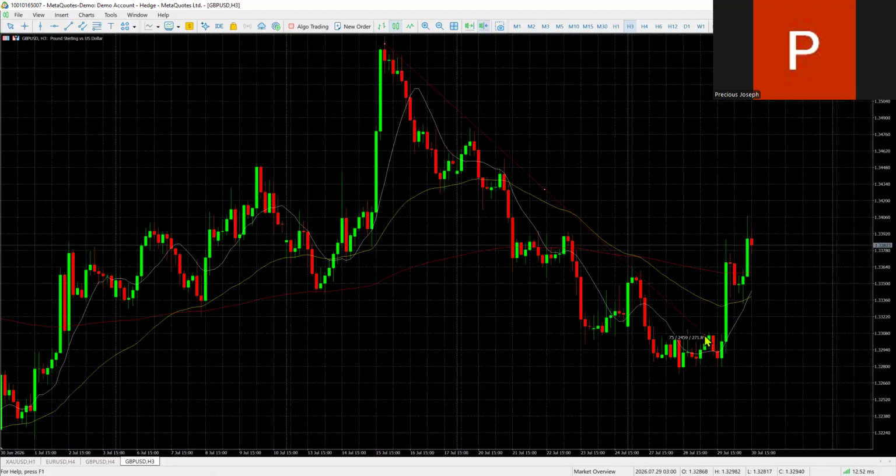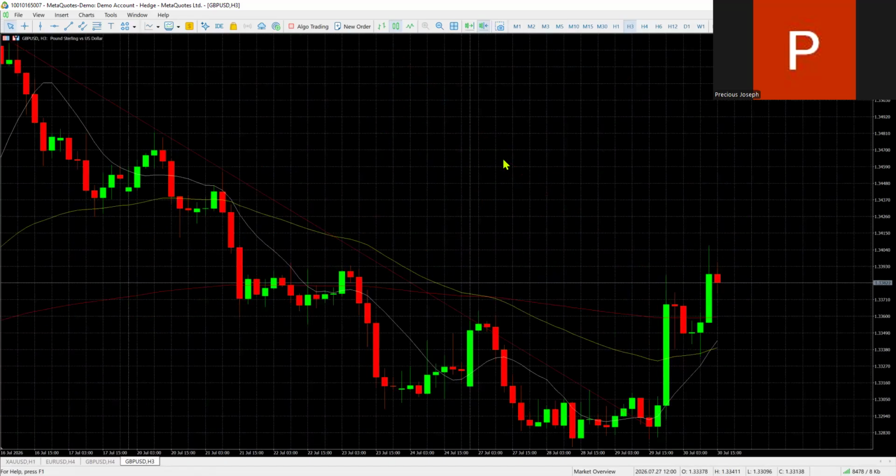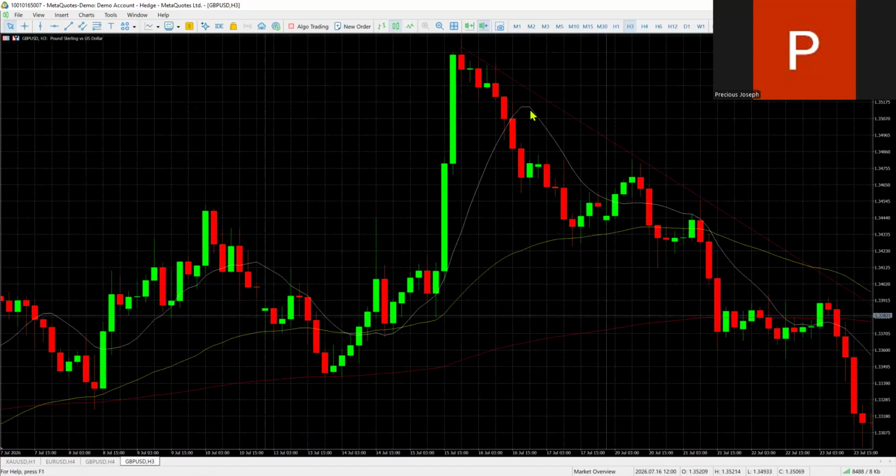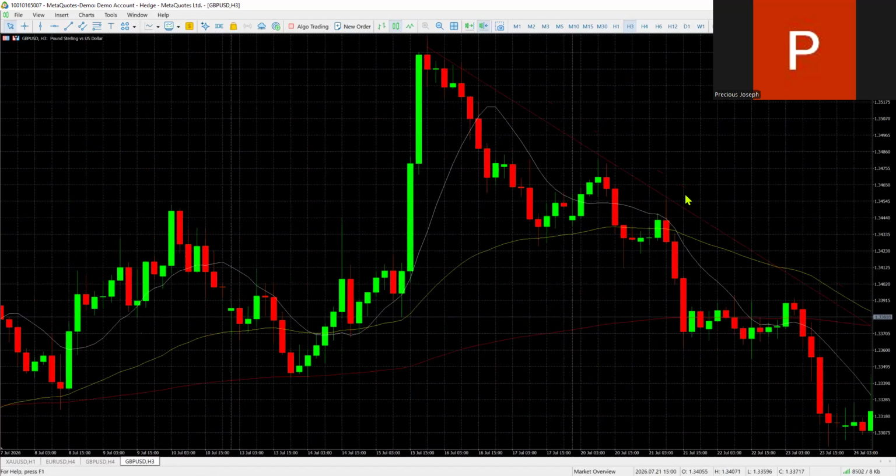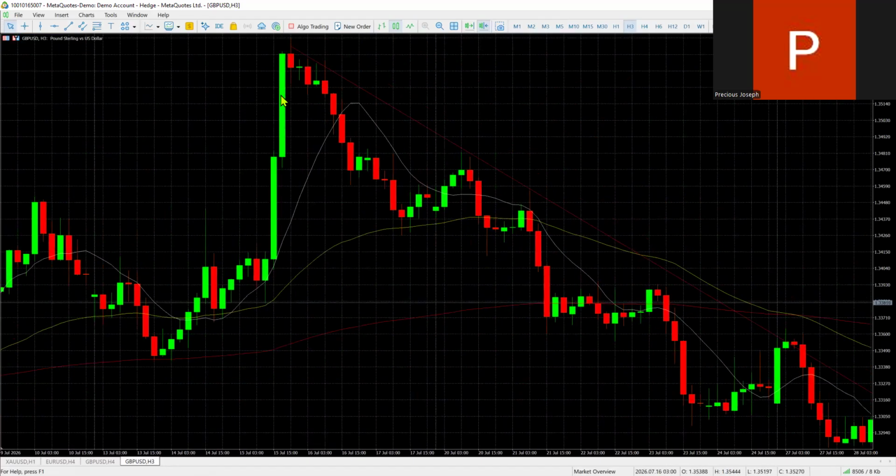Now we can see that there's one touch here, two touches here, and three touches here. Now, these two did not exactly touch, but it is respecting that trend line. So yes, this is the first touch, this is the second touch.